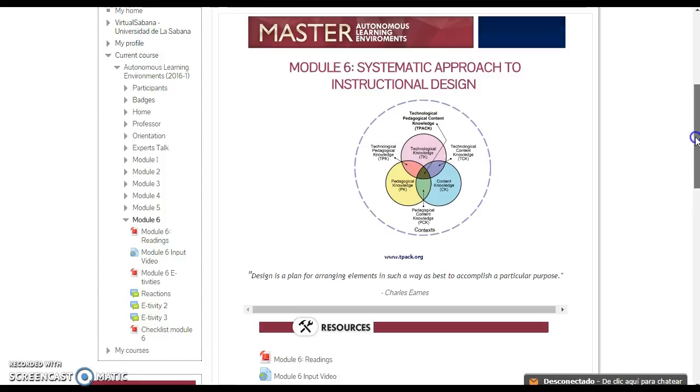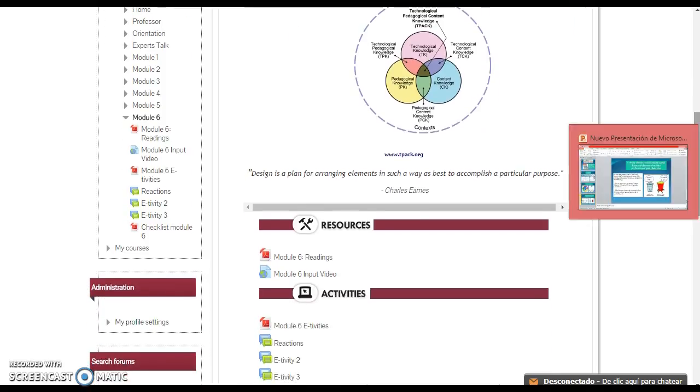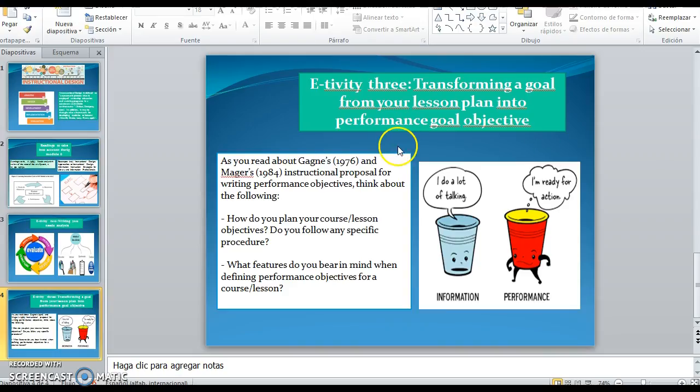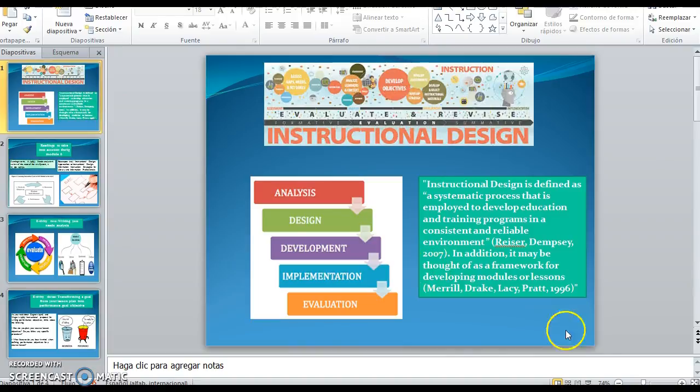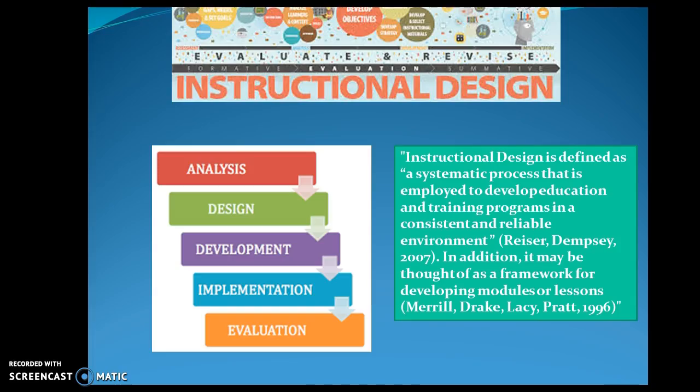Okay, so let's begin. Before we get to the process of what to do in this model, I would like to give a quick definition of what instructional design is. Instructional design is defined as a systematic process employed to develop education and training programs in a consistent and reliable environment.